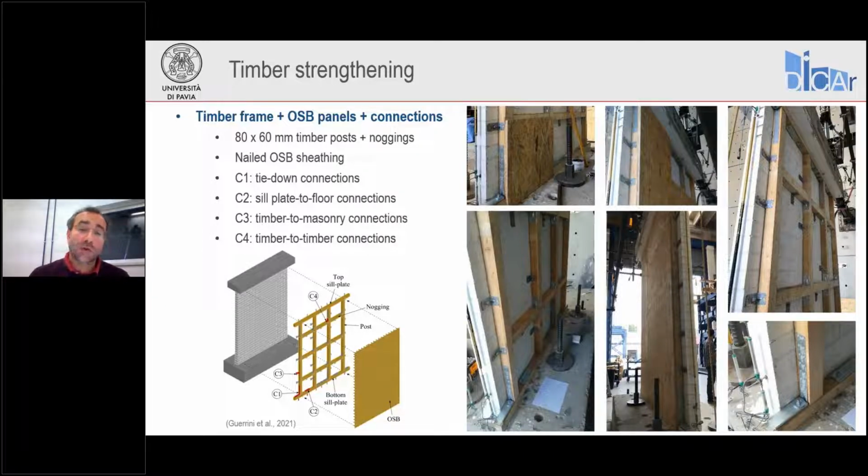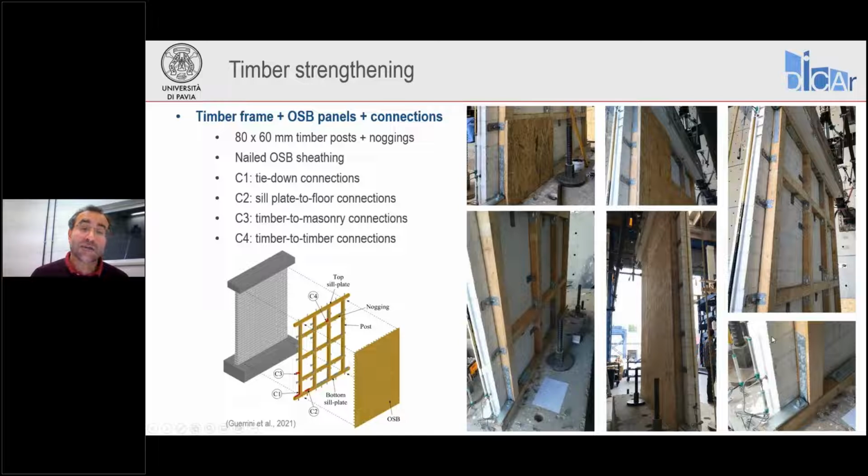In what we will say next, the most important connections are the ones at the base and at the top of the pier, the ones that you can see here and here.